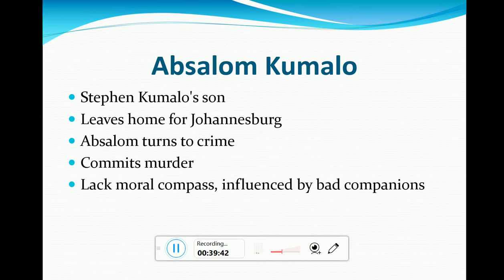During the trial, we get to see the other two denying being involved in the murder, and only Absalom confessing to the killing of Arthur Jarvis. However, it was not an intentional murder.